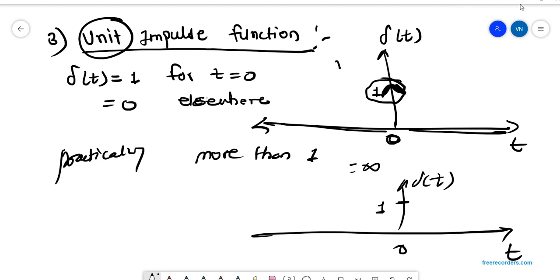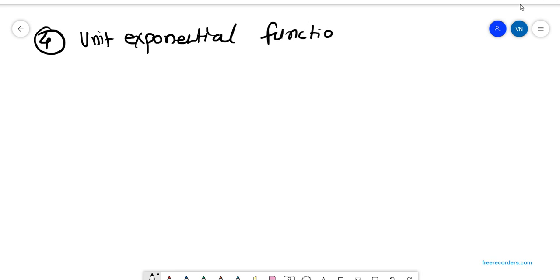Okay, then the next one that we are going to see, 4.1, unit exponential function.